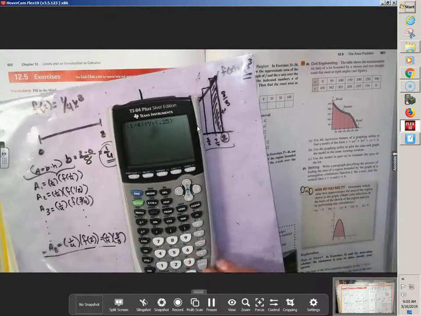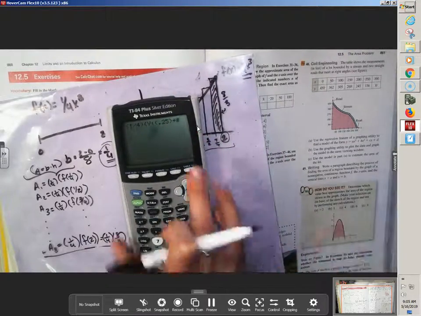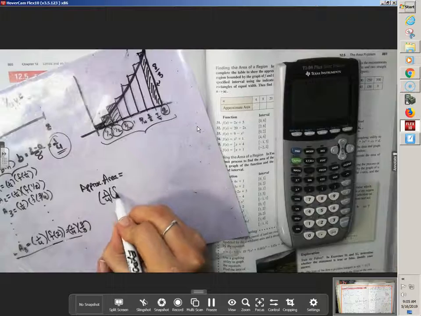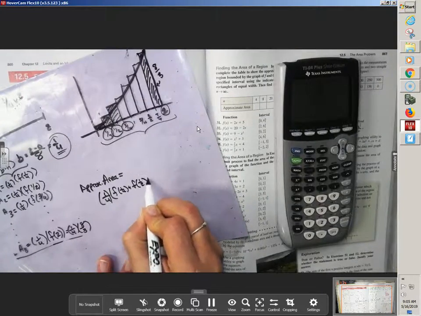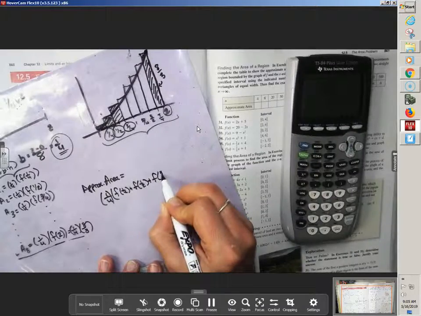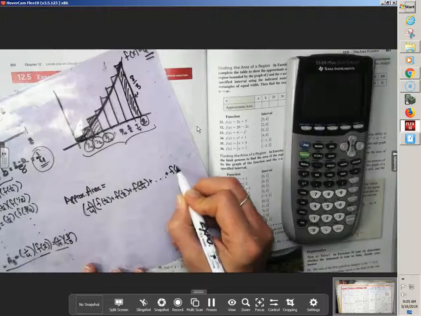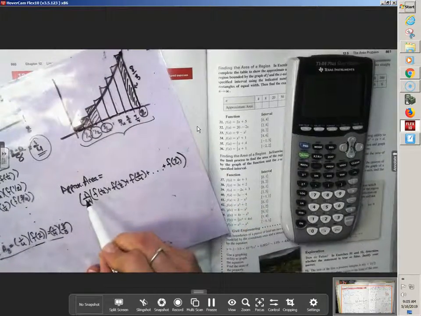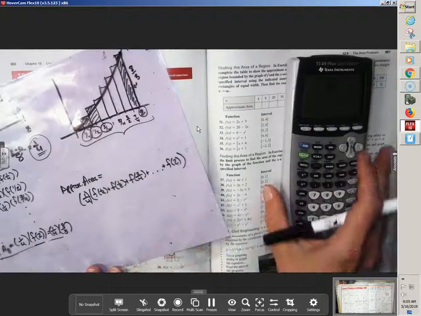I'm going to do decimals because it's way easier to plug in, but I'm not going to stop my parenthesis. I'm going to say plus, because technically, guys, isn't it going to be f of 1/4 plus f of 1/2 plus f of 3/4 plus, aren't I going to go all the way to 2 and then be done? And I'll have base times height plus base times height plus base times all the heights.